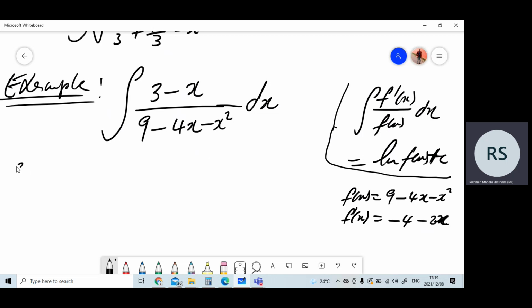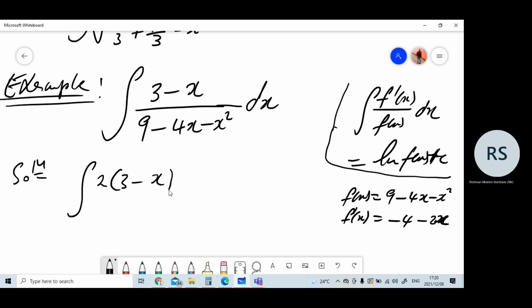As part of the solution, the first thing is to check the derivative of this denominator as I did here, and then in the numerator you force it. We want to force this derivative in our numerator. Start with the term that has x, which has minus 2. To have this term here, you need to multiply by 2. So I will multiply everything by 2.